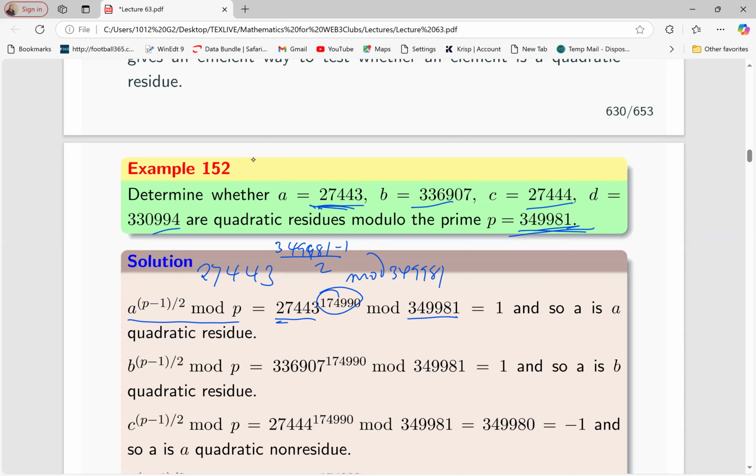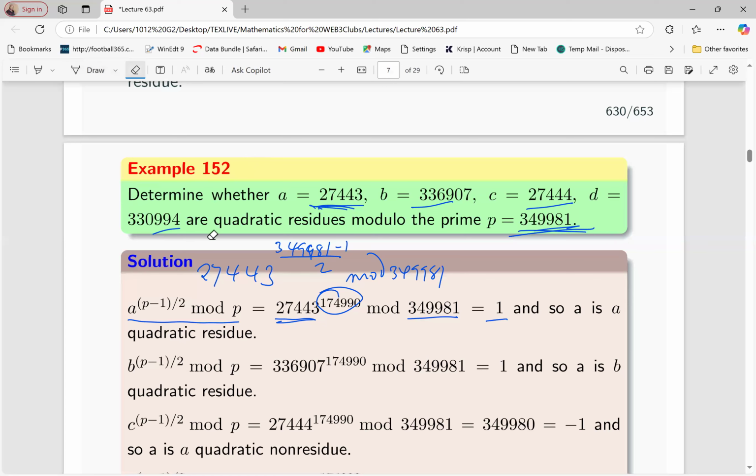When you do it using code, you'll get this. But these are smaller numbers. You can even do it using pen and paper. Yes, you can use Fermat's little theorem and so on, and the fast powering algorithm. We have so many tools at our disposal to do this question.